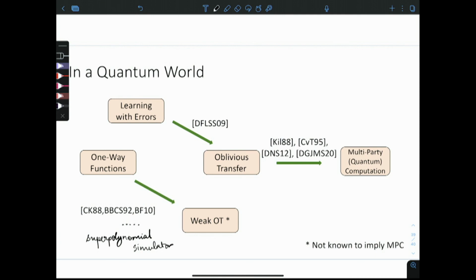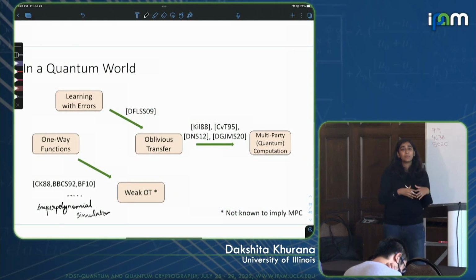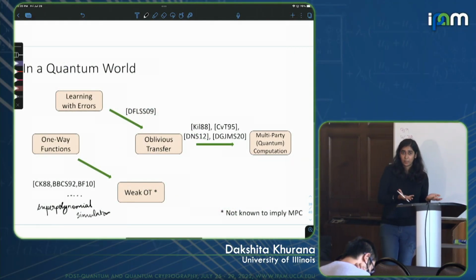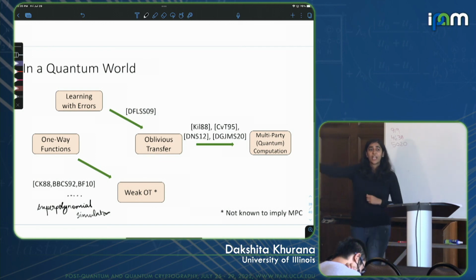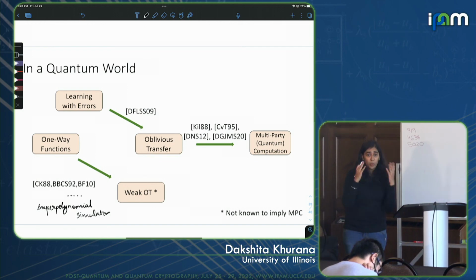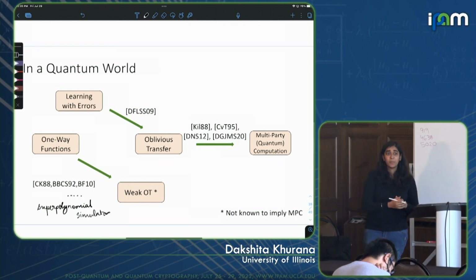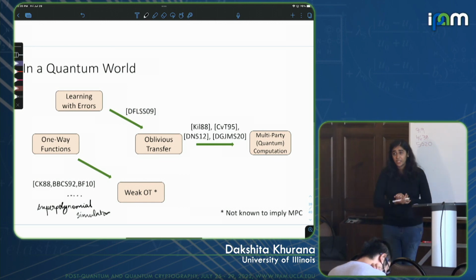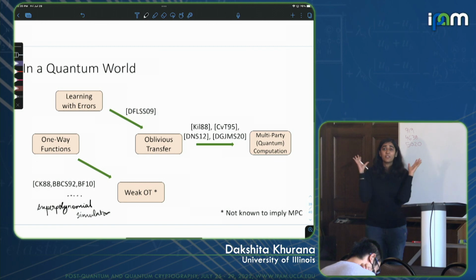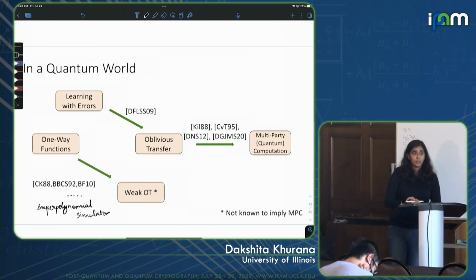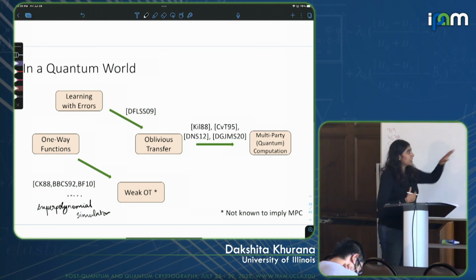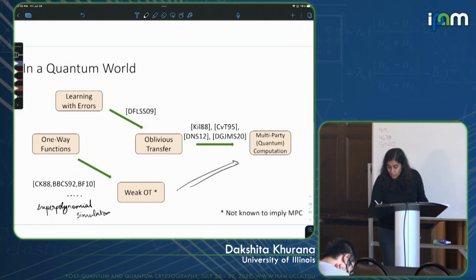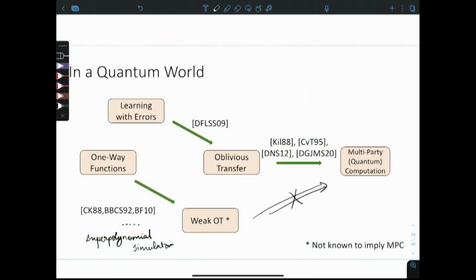So it's saying that the adversary may learn a little bit more in the real game than they would have learned in their interaction with the trusted party. More precisely, what they learn in the real game is bounded by what they would have learned in their interaction with the ideal party, plus given more time to run. And so that's not ideal. In particular, it is not known to imply, and it gets ugly if you try to get it to imply, multi-party computation or nice composable versions of it. And yeah, so this is not known.